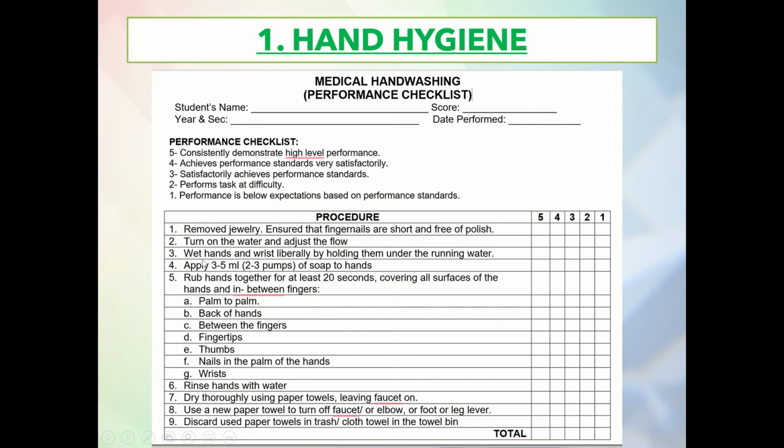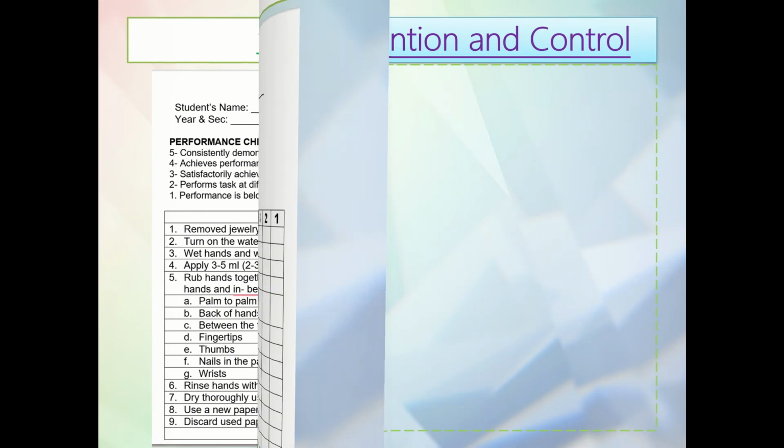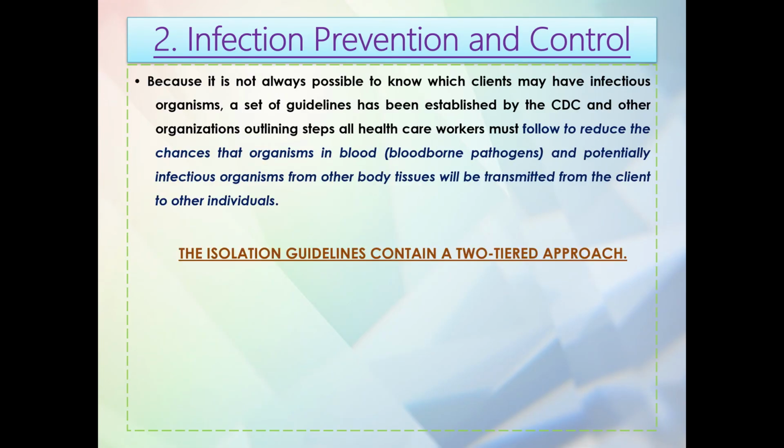So in your return demonstration, you have to perform this step-by-step procedure. Kailangan makita namin na you perform all these steps. Again, if you miss anything, then you will get deduction for that. So make sure, I will give you a copy of this. Okay, so that is for the hand washing.